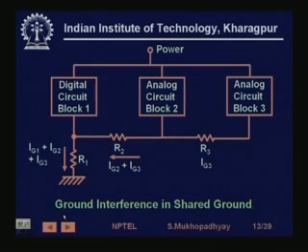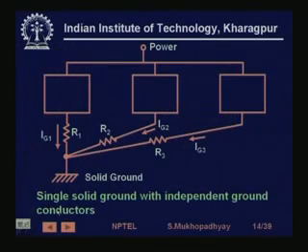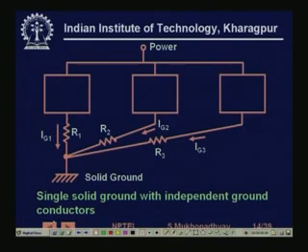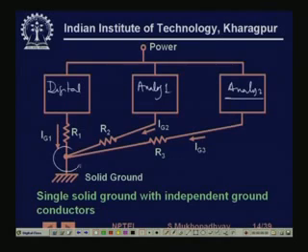The right way of doing it is the following. Here you see this is the digital block, this is analog 1 and this is analog 2. The right way is to draw separate wires which do not share, and then connect to the ground using a solid, very low resistance connection, only one of them.